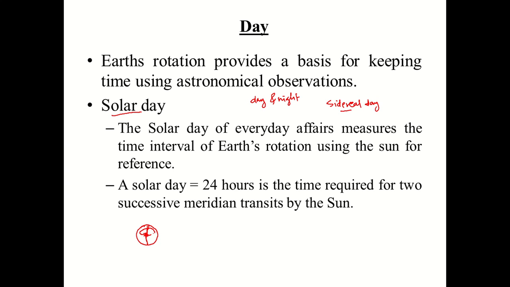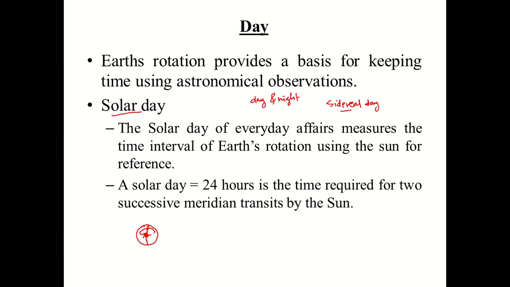So the solar day is the time required for two successive meridian transits by the sun. Actually, what we are observing is that when a person standing here sees the sun appear overhead, he starts his watch, and when the sun comes back to the same position, he stops his watch, then his watch will show a time, that is the solar day.